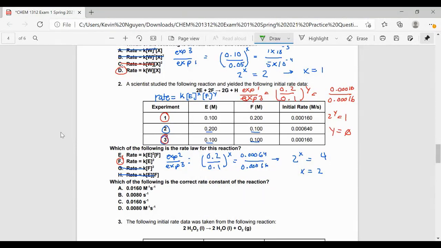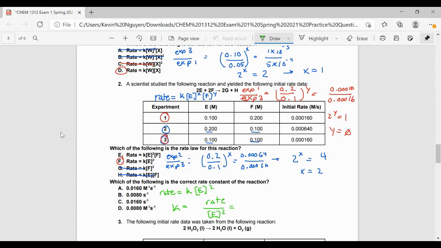So the way to do that, since we already know our rate is K times E squared, we can say K is equal to rate all over E squared.